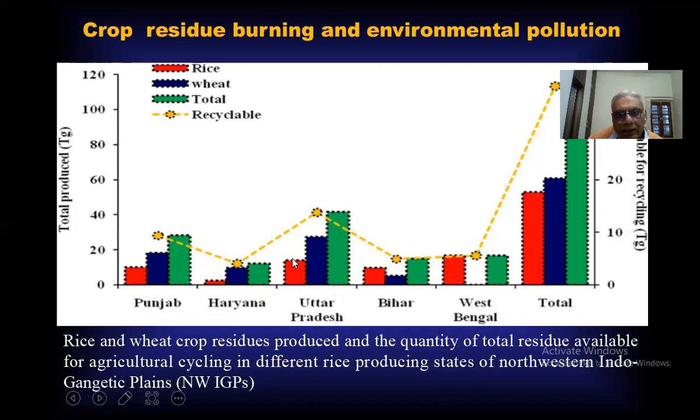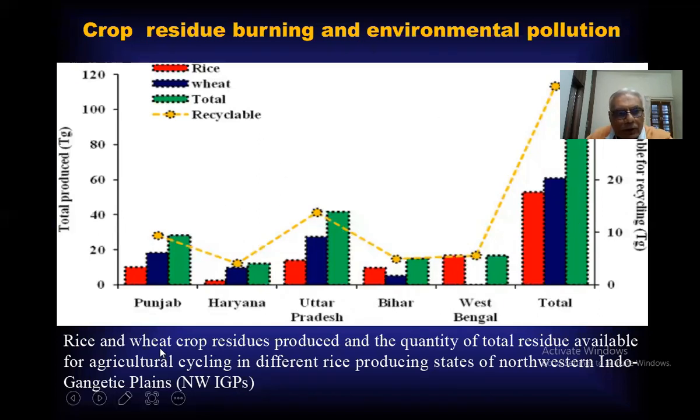Then wheat is greater in Uttar Pradesh, followed by Punjab and Bihar. So you can see the total crop residue of rice and wheat, and the maximum.